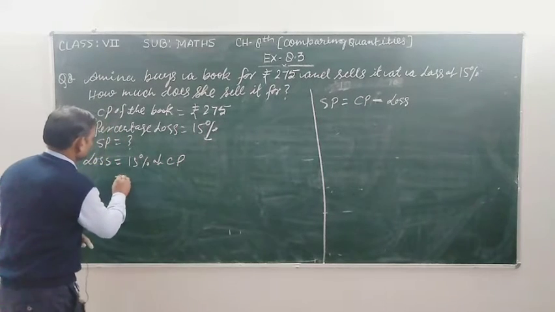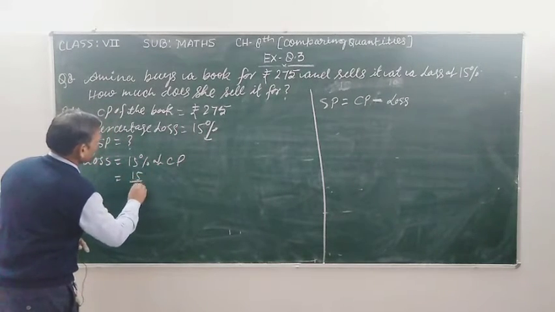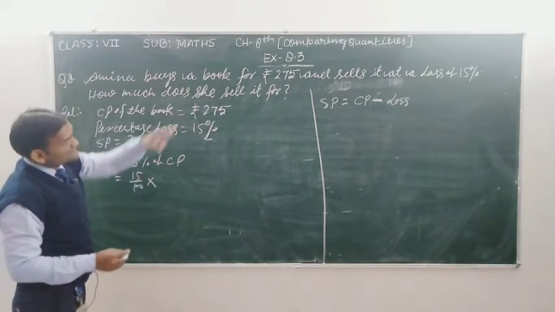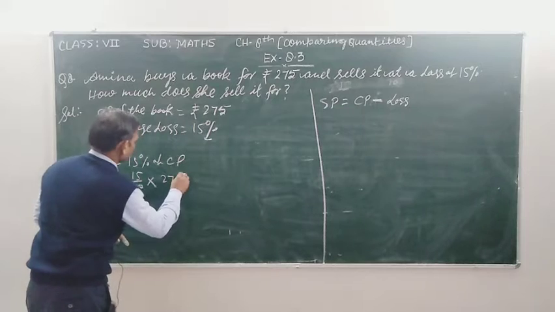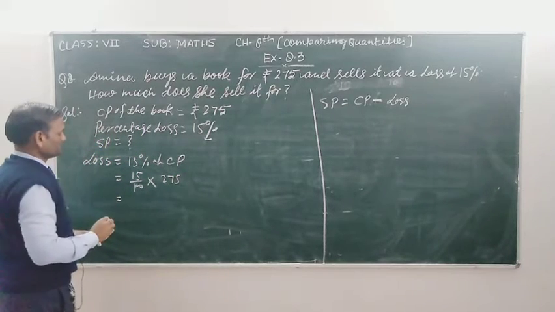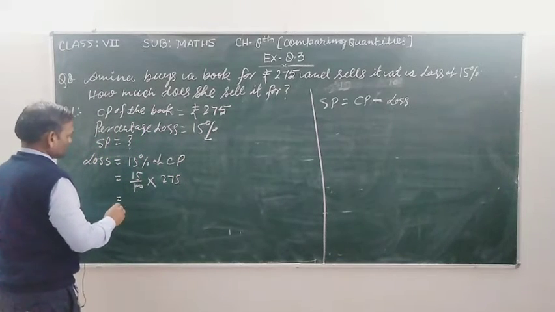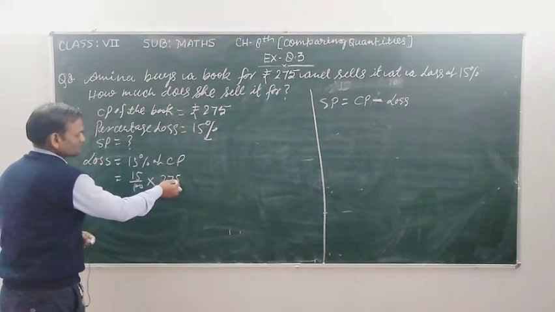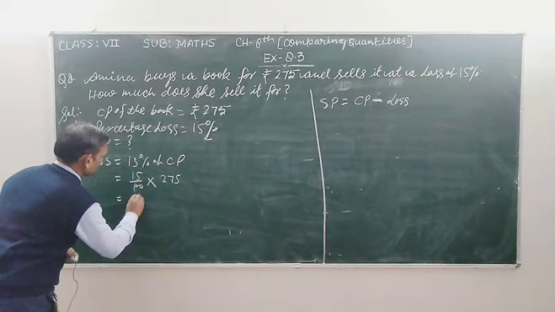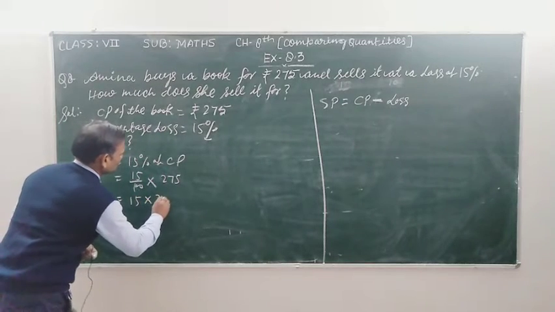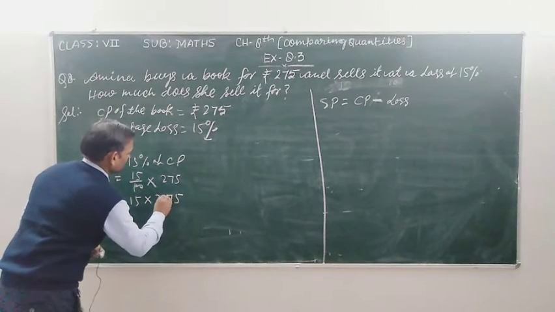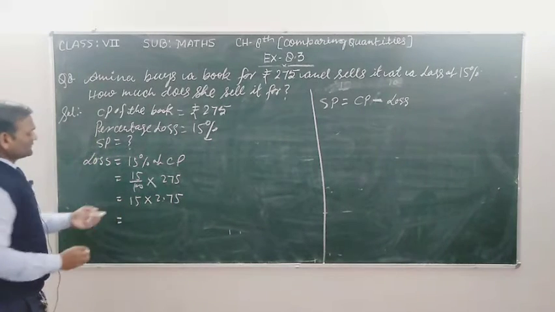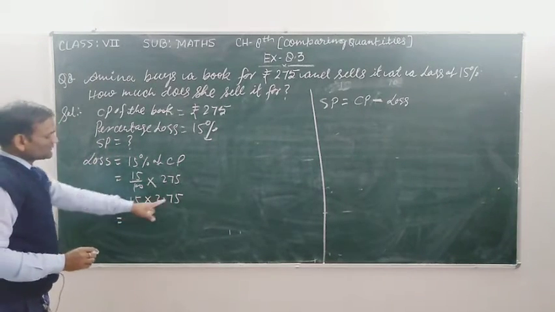So 15% means 15 upon 100 multiplied by CP, which is 275, and when we divide 275 by 100, we get 15 into 2.75. Now we have to multiply here.